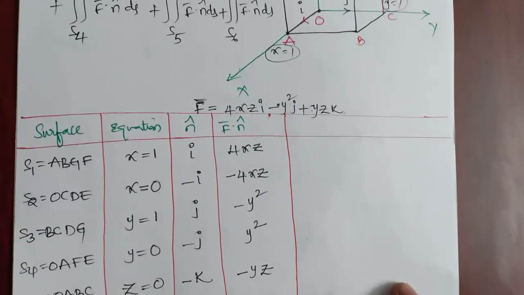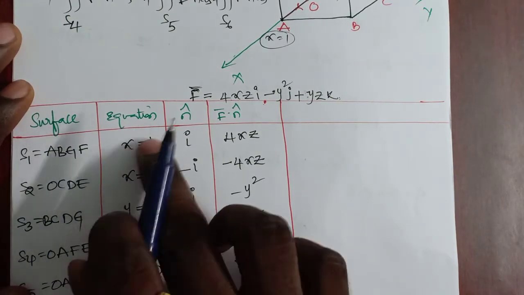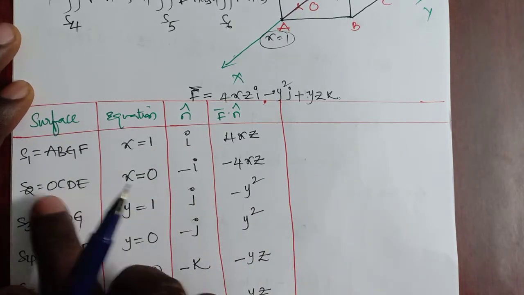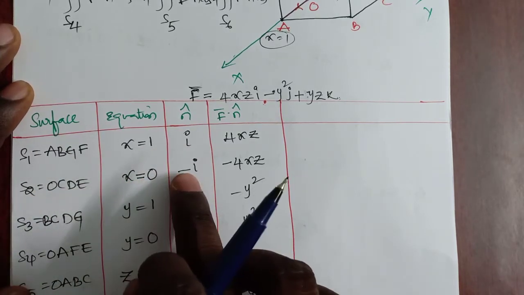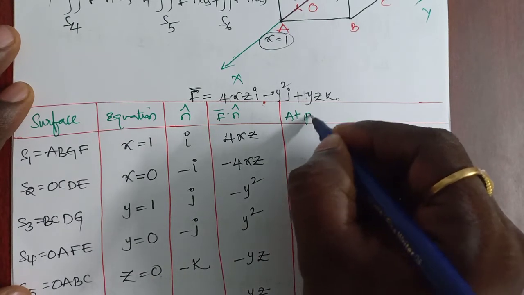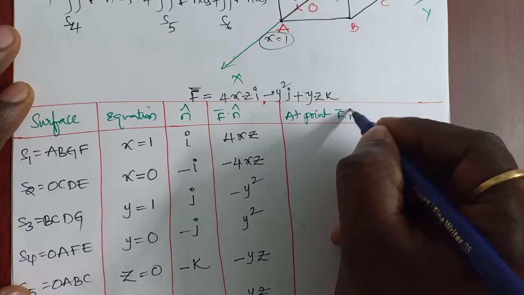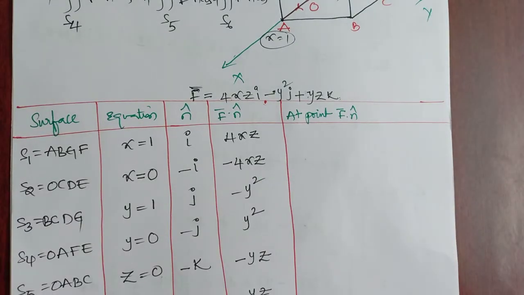Okay students, now the very important one is at that point. Why? Because at this surface x equal to 1, and at this surface x equal to 0. So clearly, F bar dot n cap is what? This is the very important one.